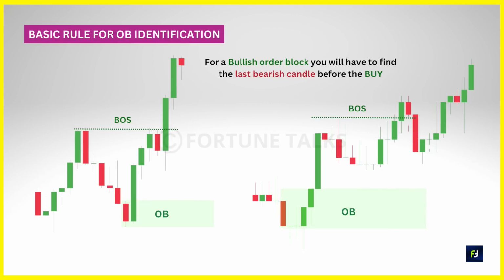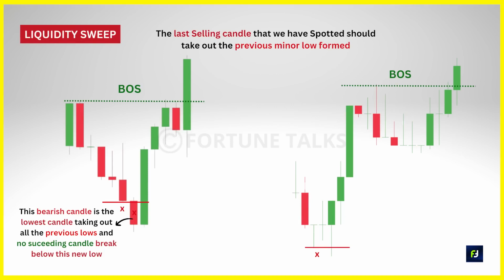We have already discussed the third point, but certain things still need more clarification. In order to identify a bullish order block, you will have to find the last bearish candle before the buy. But it is not so straightforward. There are other things that you need to look for. The point is to check if there is a liquidity sweep involved. This means that the last candle that we have spotted should take out the previous minor low formed.